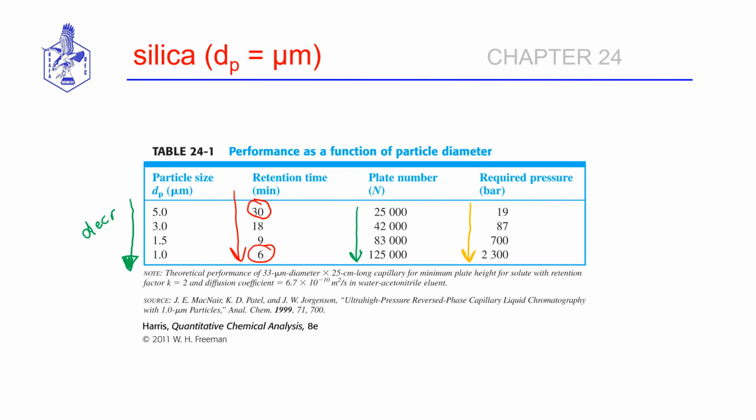So it's 19 bar for 5 micron particles, but 2300 for 1 micron particles. So that is ultra pressure reverse phase capillary liquid chromatography.